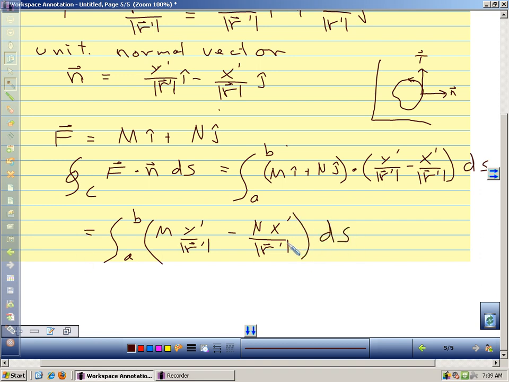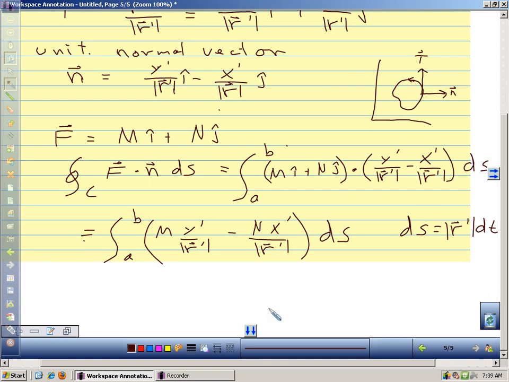So this is our line integral. And remember that ds equals the length of r prime times dt if we parameterize our curve in terms of time.